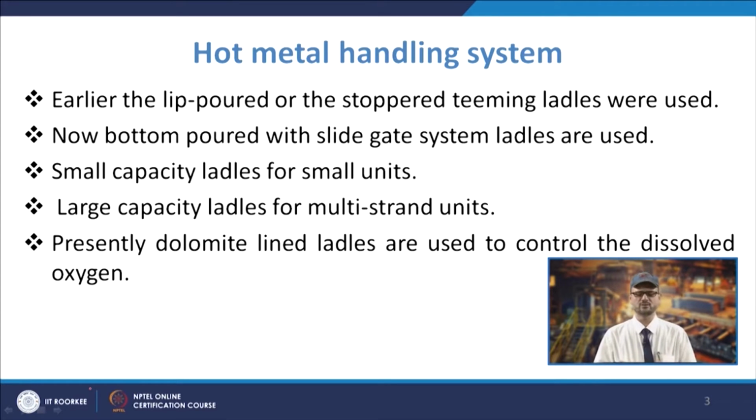Presently we normally use dolomite lined ladles to control the dissolved oxygen. You may have the lining with dolomite, or with bauxite, or even with silica, and it has been seen that the ppm of oxygen observed in dolomite lined ladles or bauxite lined ladles is lesser. This observation was made by Tata Steel.